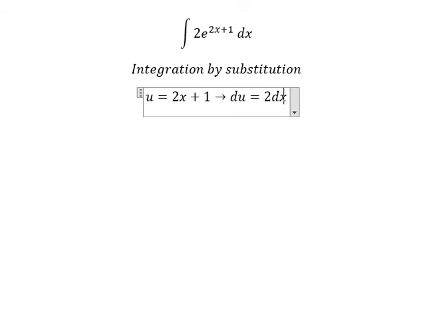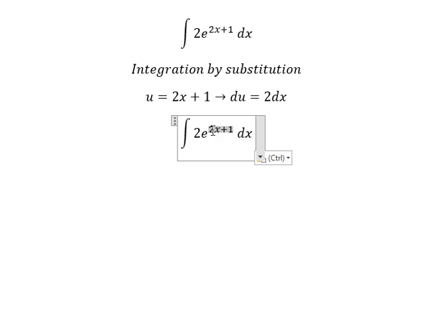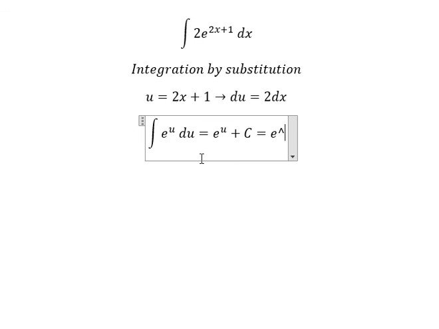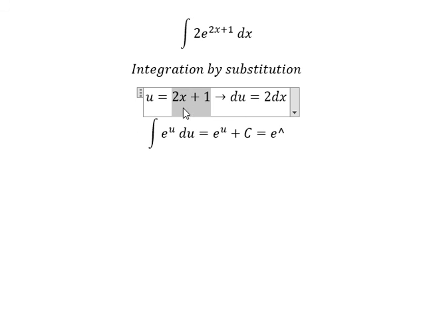We have 2 dx. This one we change by u. 2 dx we change by du. The integration of this one, we have e to the power of u, and we put c. About u, that's about 2x plus 1.